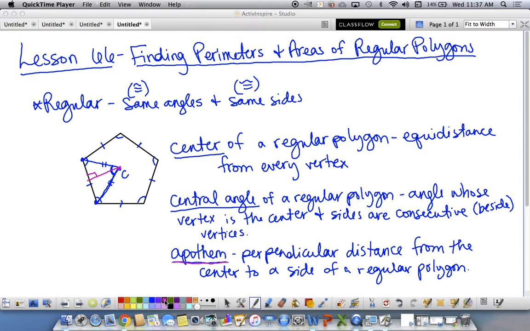Let's go ahead and say that. It's going to be the height of this triangle. Okay, so let's keep going. Let's go ahead and move on.